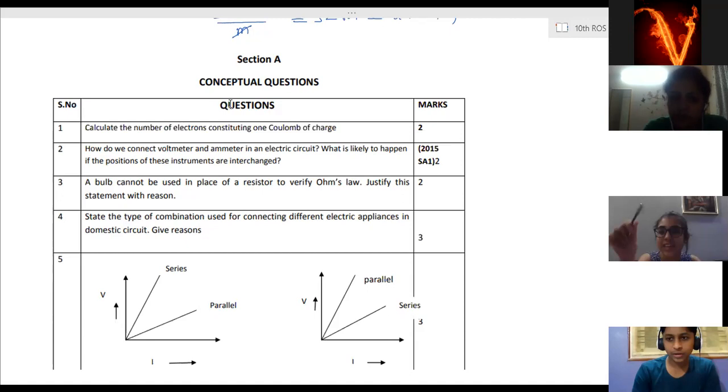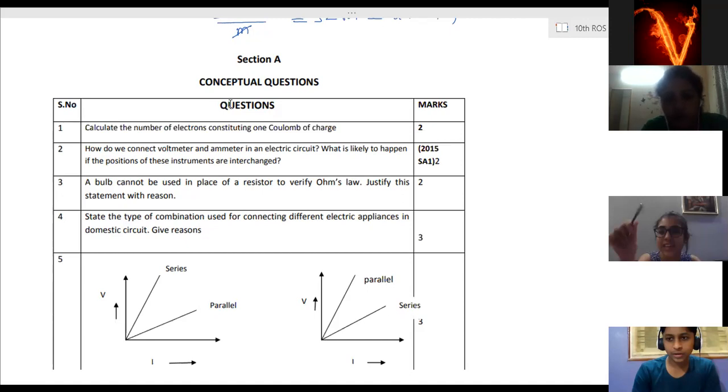But in series combination, the potential difference gets divided. Different switches can be applied to different devices in parallel combination, but in series combination, all the devices have the same switch. Clear? These are the reasons. That's why parallel combination is preferred in domestic wiring than series combination.